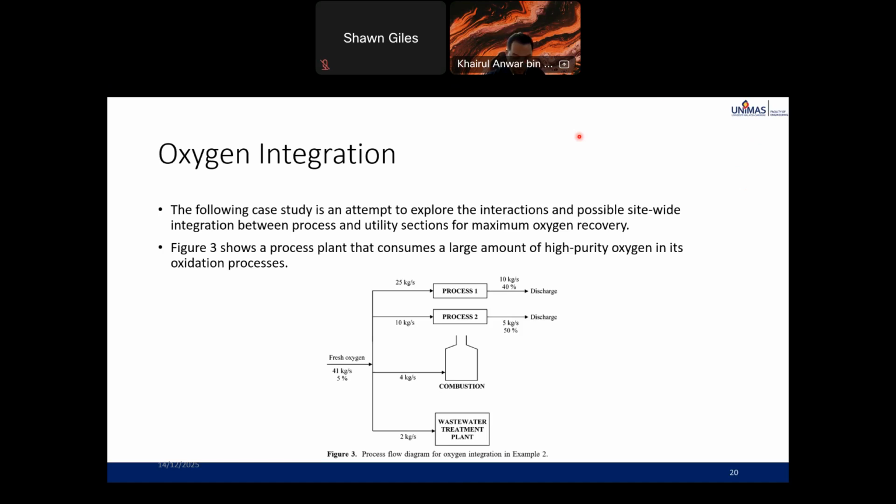Take a break first, 10 minutes. We will continue with another two examples, including hydrogen integration.